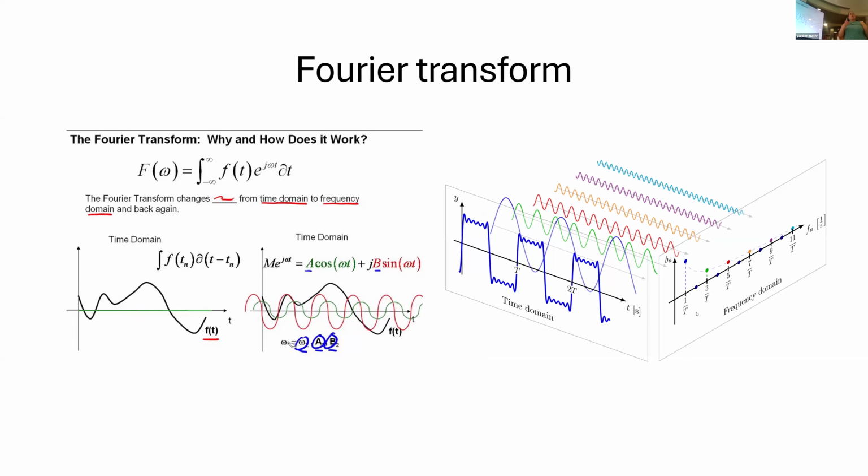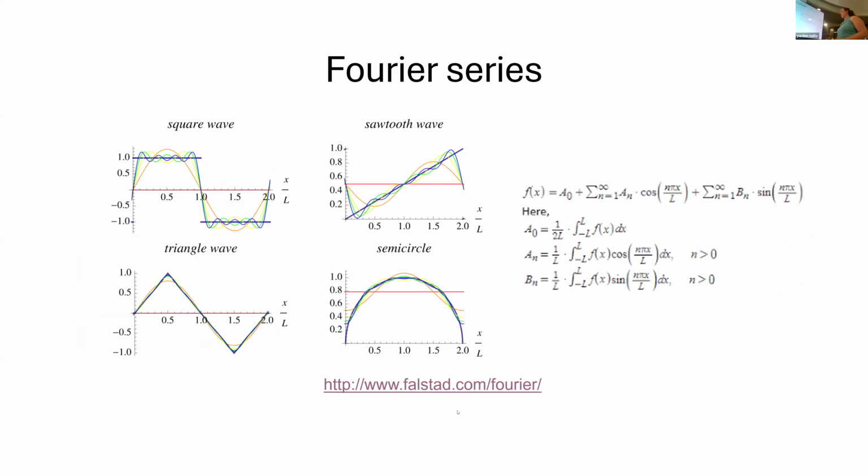So what are we going to do in the course? We're not going to use the direct Fourier series. We're going to use the Fourier transform. What does that mean? I'll just reopen it. Over here.